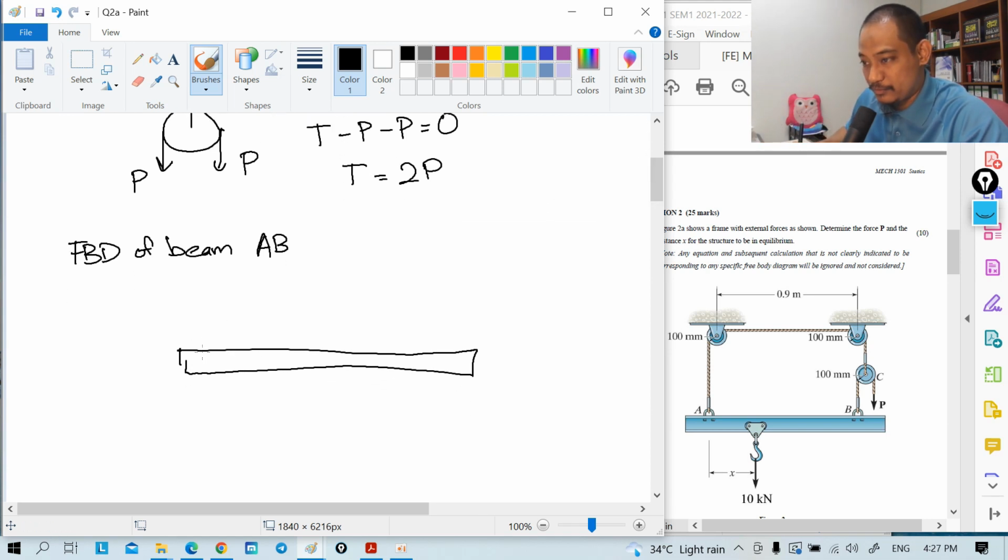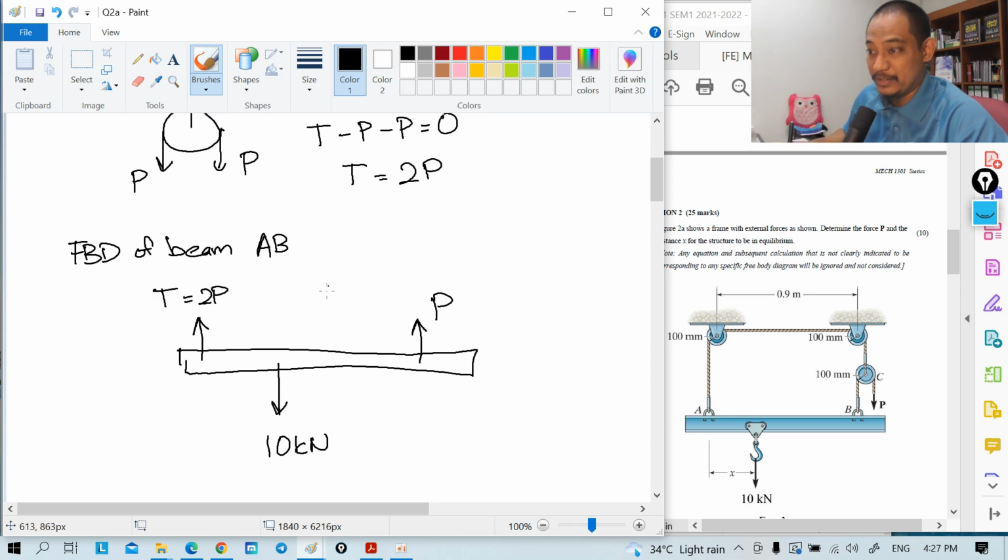So we have this force here, and then we have the force here, somewhere there, and then we have the force down here. This one is already given as 10 kilonewton. Above here, this is P, right? And this is actually T, but it's equal to 2P from above here, right?